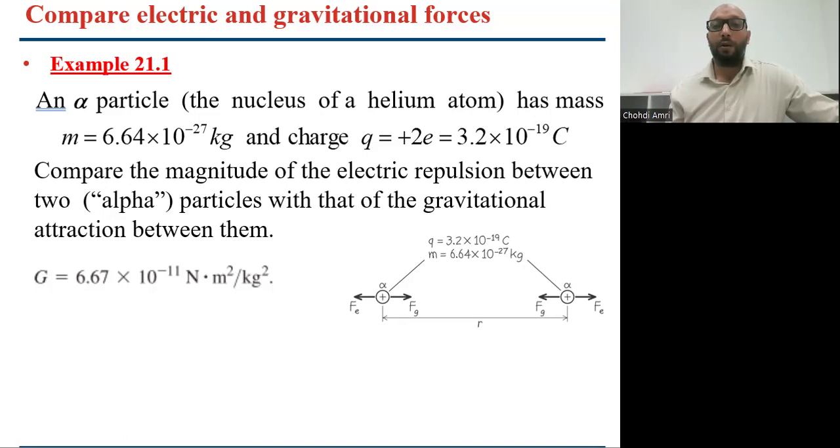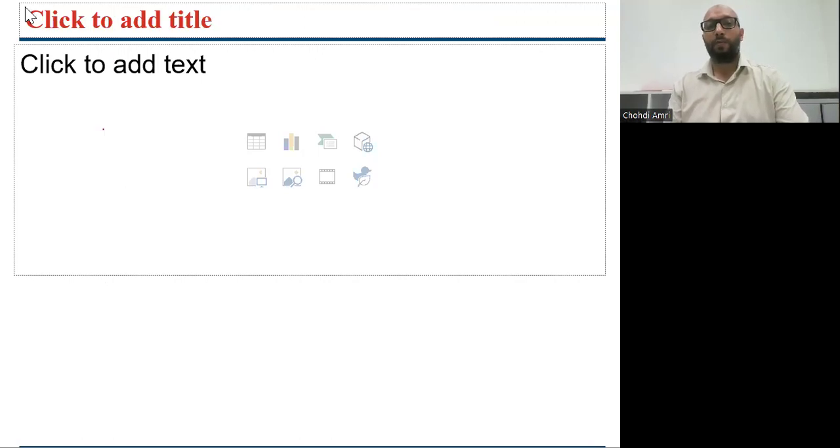Compare the magnitude of electric repulsion between two alpha particles with the gravitational attraction between them. The question here is a comparison between the gravitational force and the electric force.